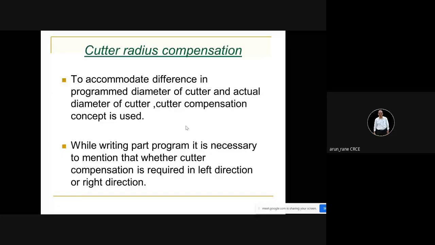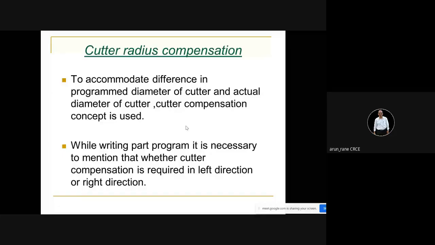Practically speaking, the tool cannot have 0 diameter, the tool will have some diameter. So for the block you are going to machine, you need to offset the tool by the diameter or by the radius of the tool, and that is what is called the cutter radius compensation.